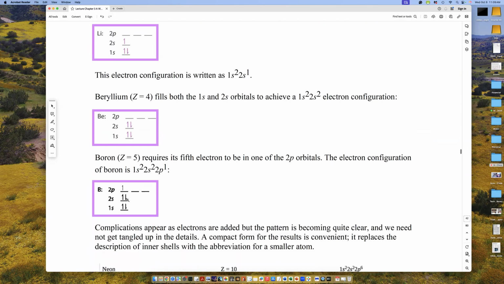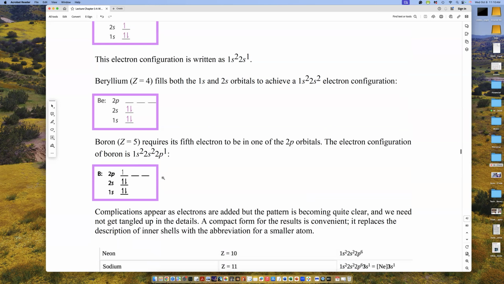And boron, same thing is going on. There's no room to add another electron, no matter what its spin is, because these two shells are already filled. And there's a terminology, it appears here, that you have two electrons in the first shell, then two electrons and so on.